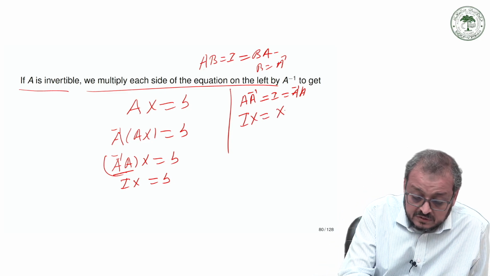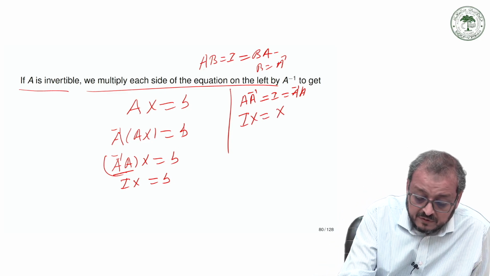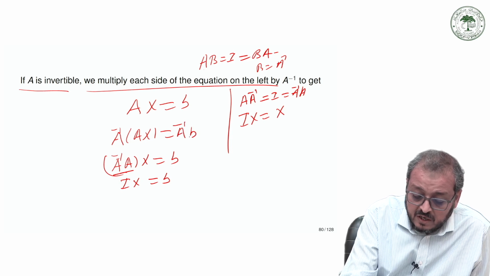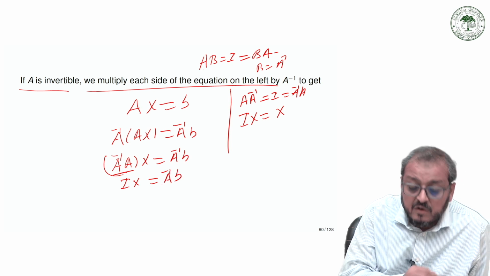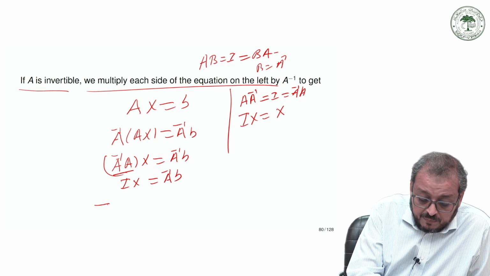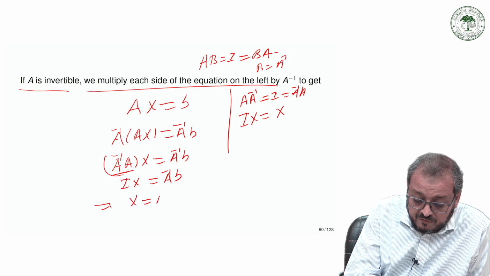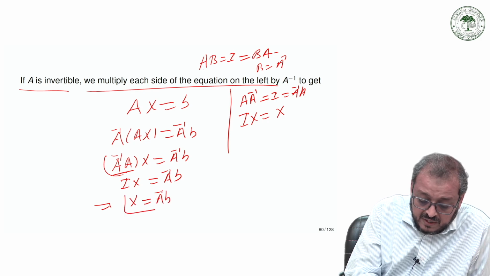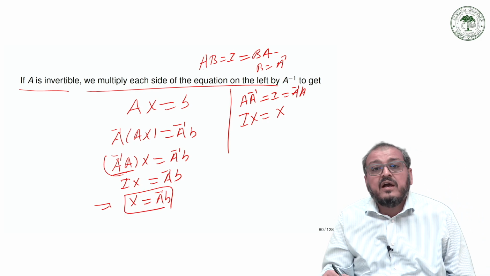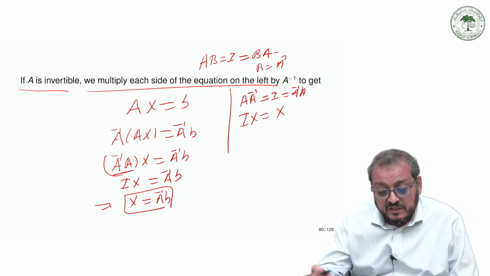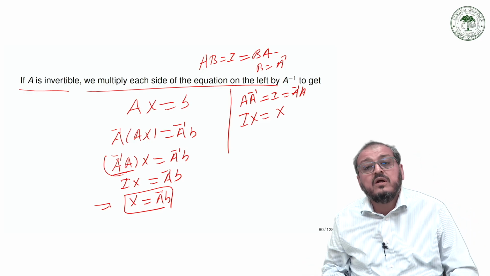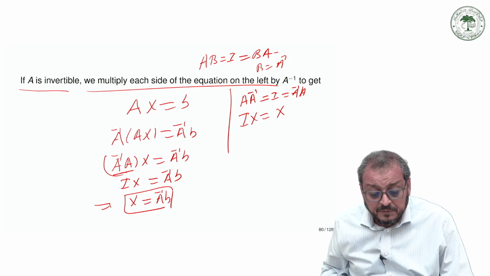Sorry, I should say we multiply both sides by A inverse, so the right side is A inverse B. This implies that x can be written in the form A inverse B, and then we can easily find the solution of any given linear system of equations.